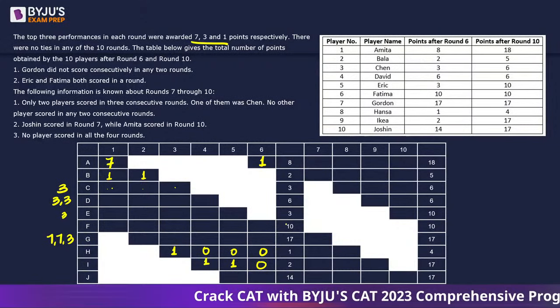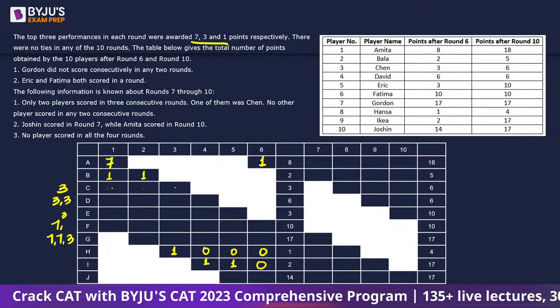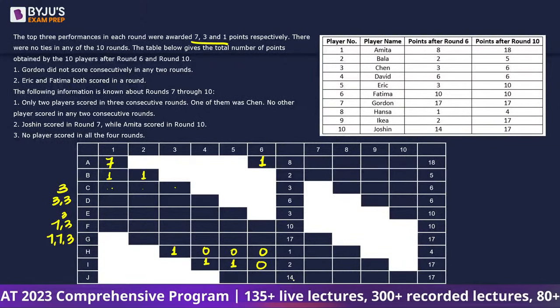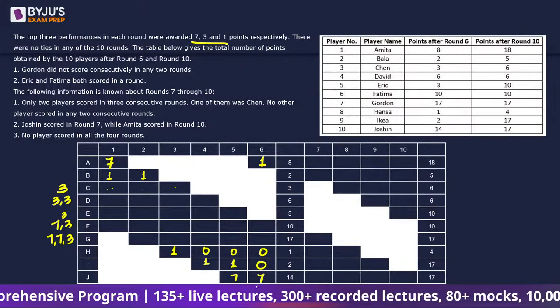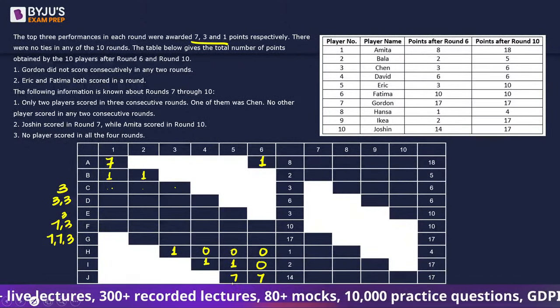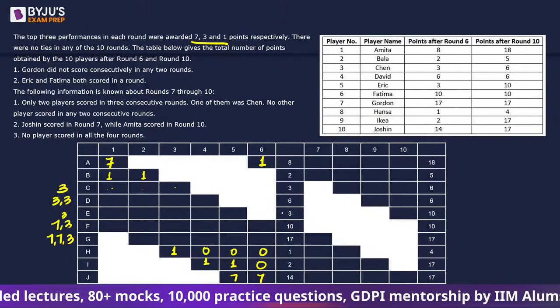Now similarly for 10, we can't have 3-3-3-1. The only way we can have 10 is 7 and 3. Next, we need a 14. Now, for a 14, the only possibility is 7 and 7. So, 7 is done in 6th round, 7 is done in 5th round. Actually, 7 and 1 dono ho chuka hai. There is a 3 missing here.